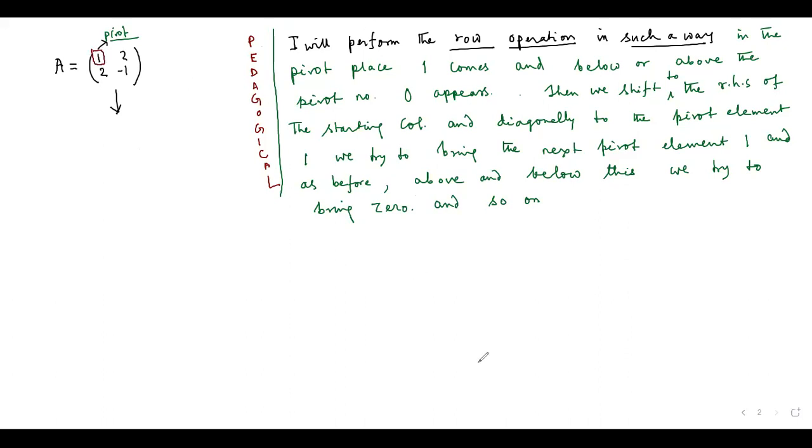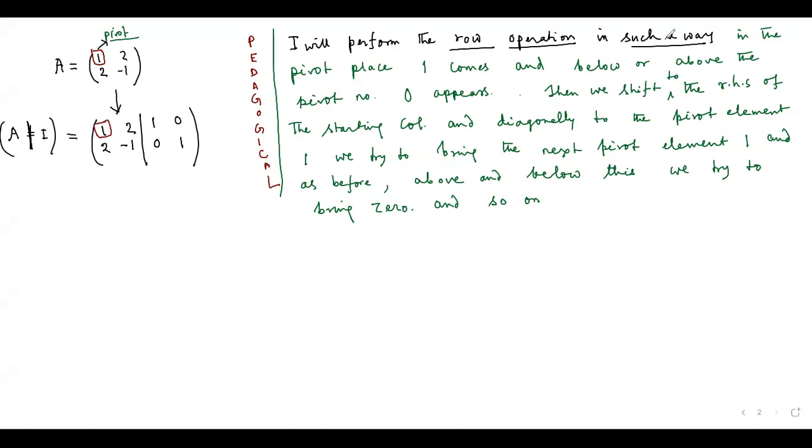Let me write the augmented matrix, because I am working with the augmented matrix. So my augmented matrix is [A | I]: 1, 2, 2, -1, and put a vertical bar and put 1, 0, 0, 1.